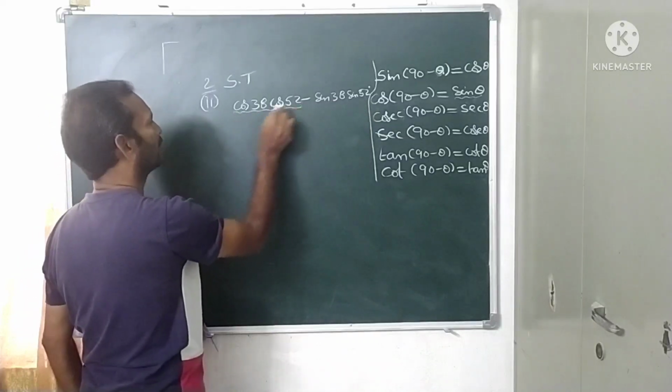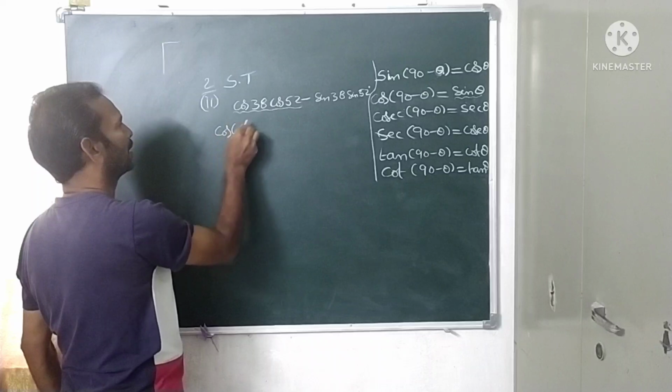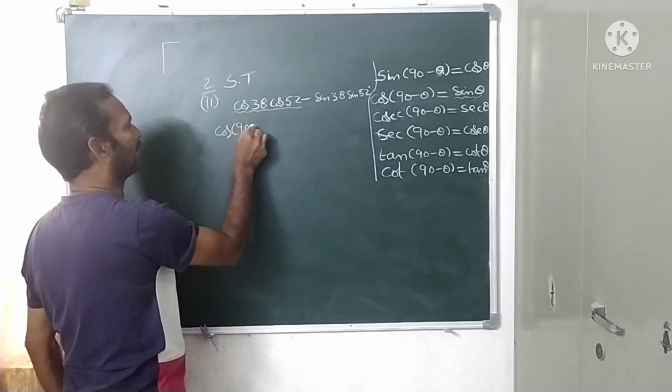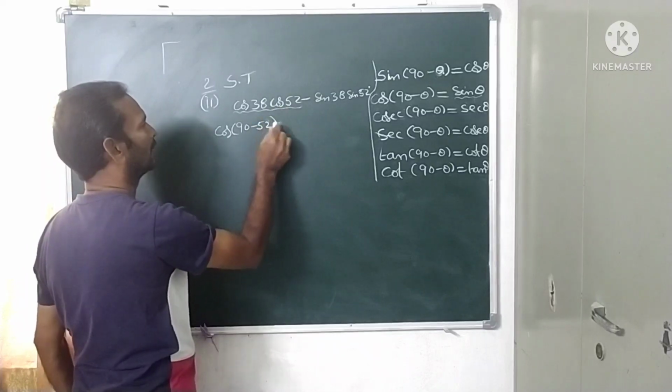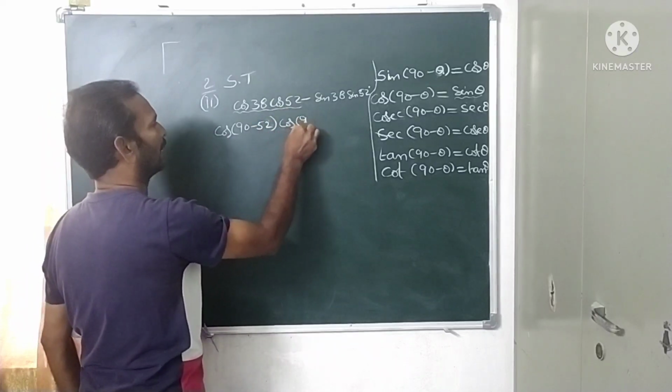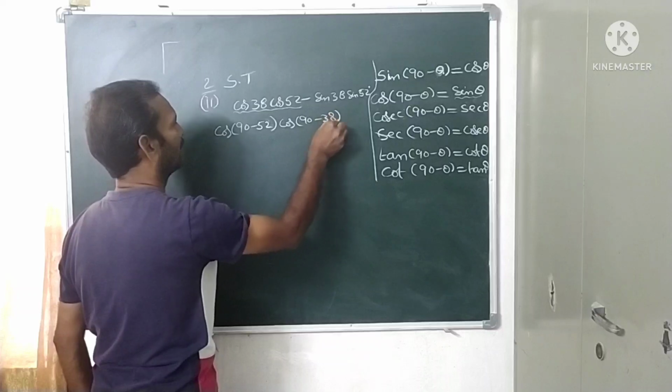I am changing this one: cos 38 as cos of 90 minus 52, and cos 52 as cos of 90 minus 38.